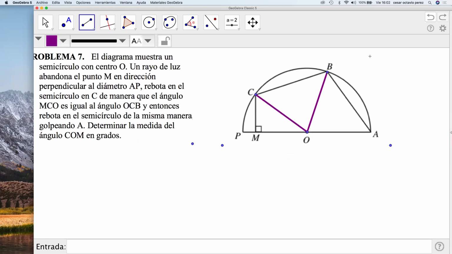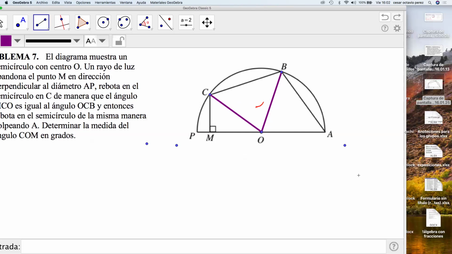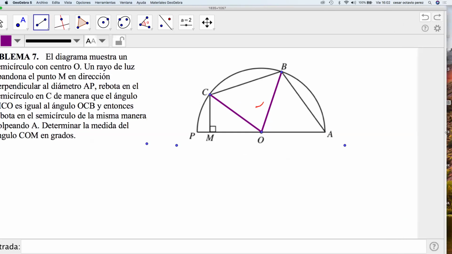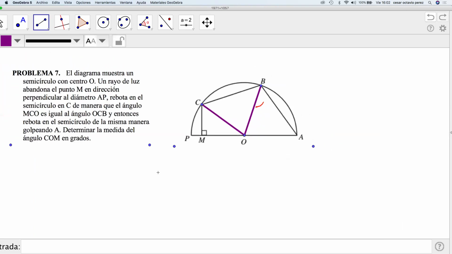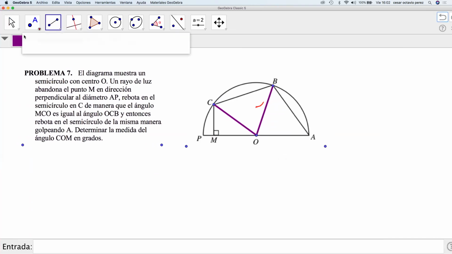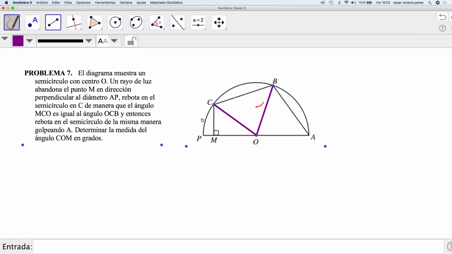It says, rebota en el semicírculo de manera que MCO, this angle, is, okay. This will be equal to this. Rebota en el semicírculo en C de manera que este ángulo es igual a este. This alpha, this also will be alpha.